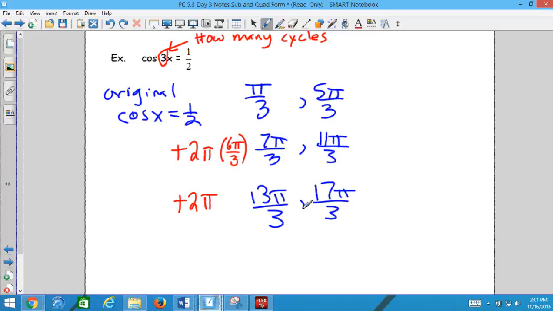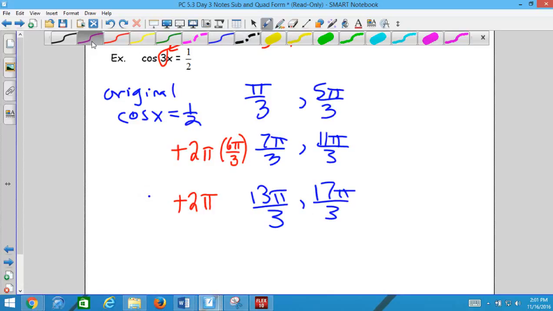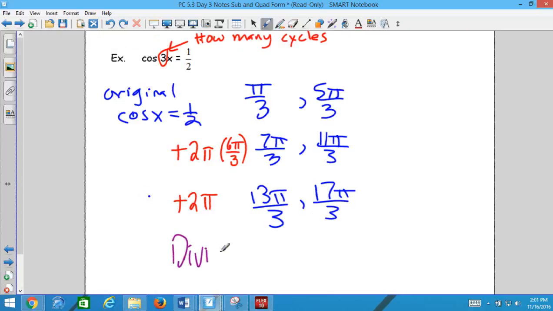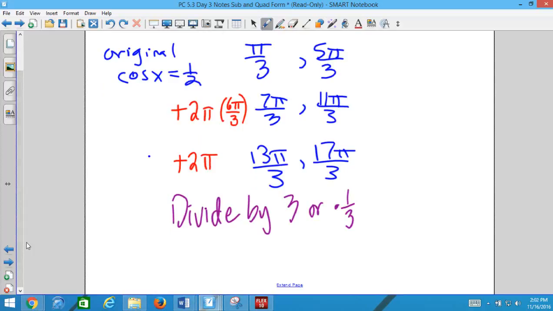But then we have to do the part where you squish it in. And to squish it in, you have to divide by 3 or multiply by a third. We have to now divide by that number or multiply by that number. And these answers should be in order. If you've organized them and listed them the way I've done it, they should be in order. So we do pi over 3 multiplied by a third.